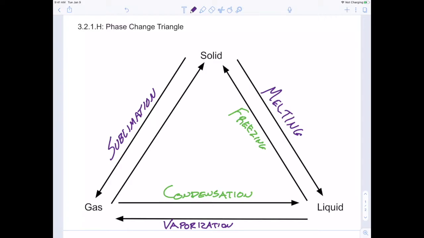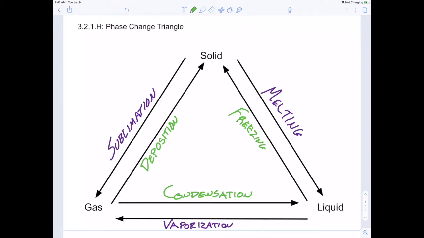The opposite direction of that is when a gas turns directly into a solid, and that process is called deposition. The most common example of deposition is in the clouds.